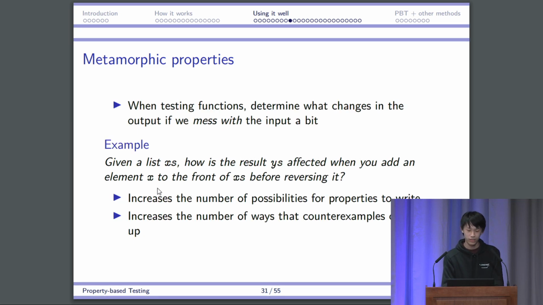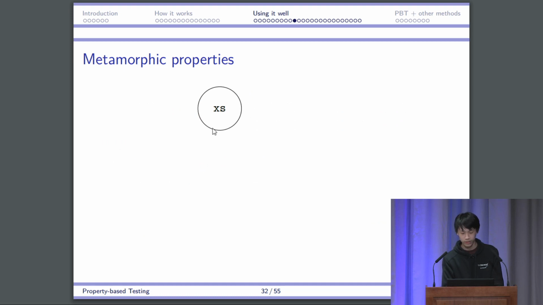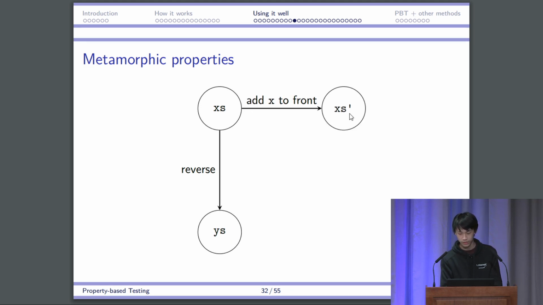Okay, so let's demonstrate this previous property in a diagram. I have my list x's, and I reverse it to get y's. But let's say I added an element to the front of x's to get x's prime, and then I reverse that to get y's prime.